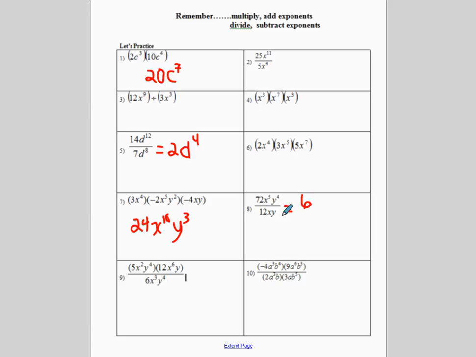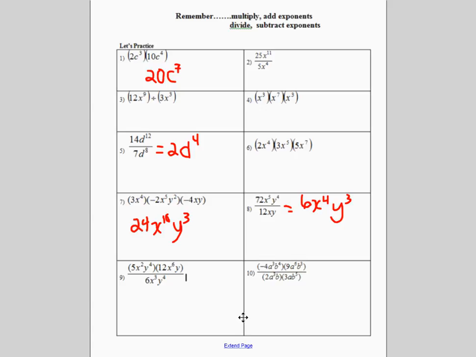And x to the 5th over x means I'm going to be subtracting them, so I'm going to have x to the 4th power. I have y to the 4th power over y, so I'm going to subtract those. 4 minus 1 is 3. So y cubed.